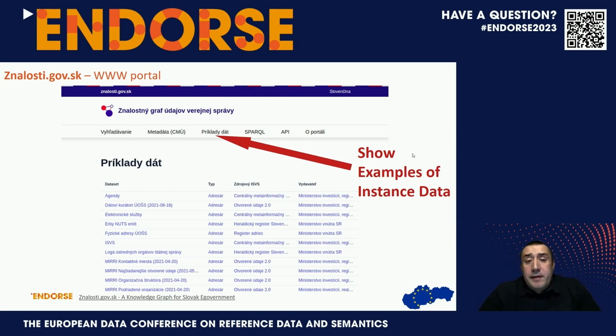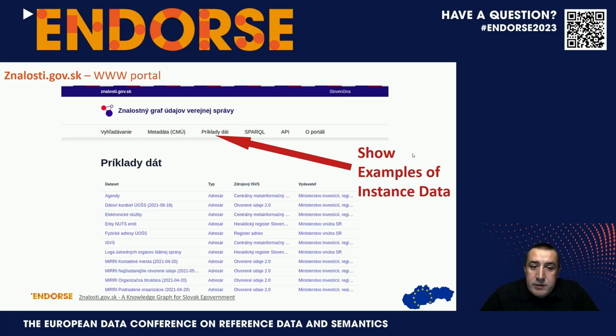An additional important thing that can be found in the knowledge graph is also examples of instance data from reference registers. Now you can see several data sets as agendas, or information systems, or public electronic services from different public authorities.